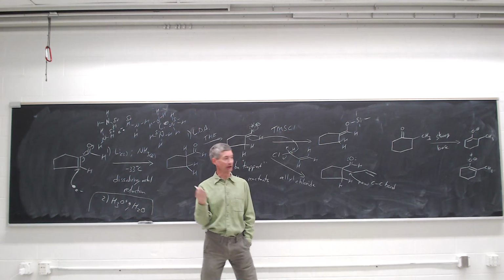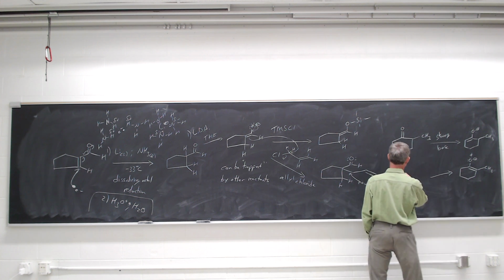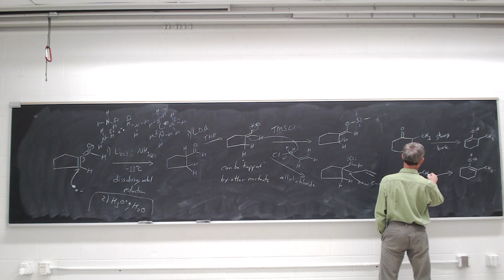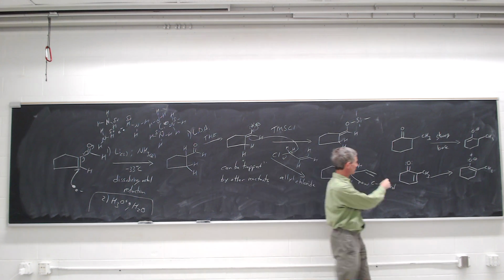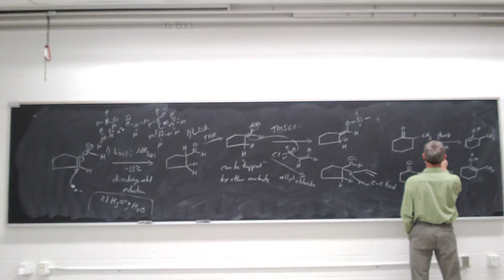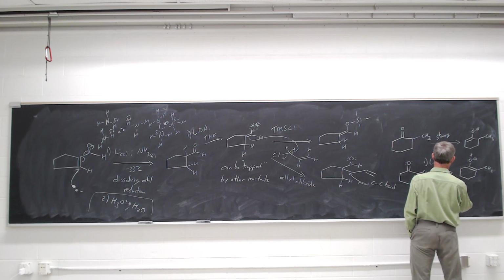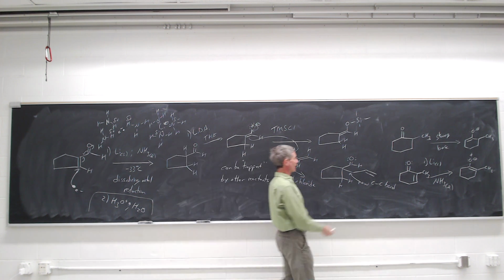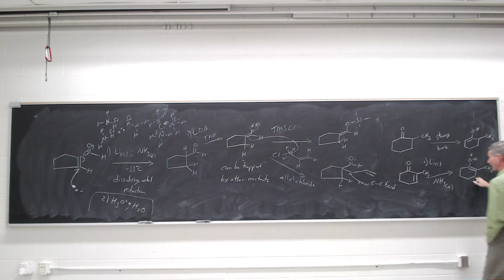Here is a way of generating just the thermodynamic enolate from the alpha beta unsaturated carbonyl compound. You're generating this more substituted enolate.